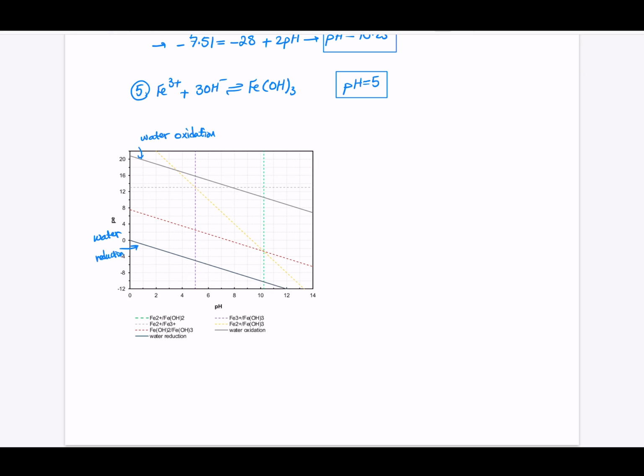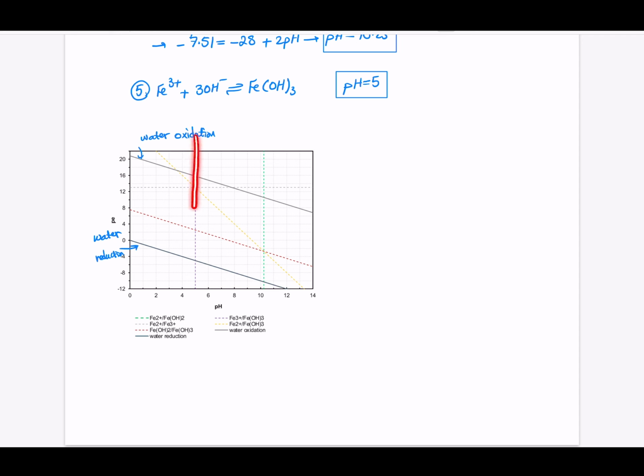So let's go step by step. We know all the lines that are outside of this window will be limited by water. So basically this part, this part, this part, this part are not playing a role here. So now let's focus on the individual lines.